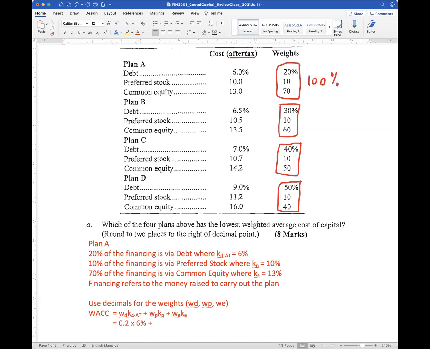If they didn't give us the after-tax rate, we'd have to work it out ourselves. Correct. I think in the other example that we're doing, we're going to have to work it out.